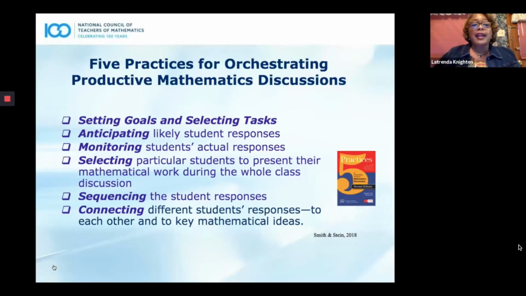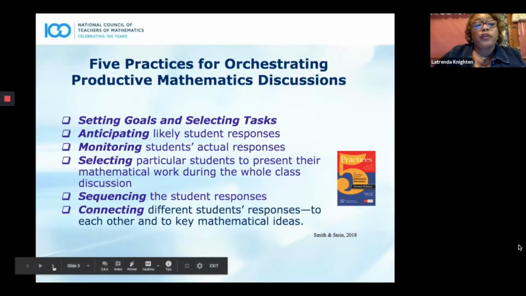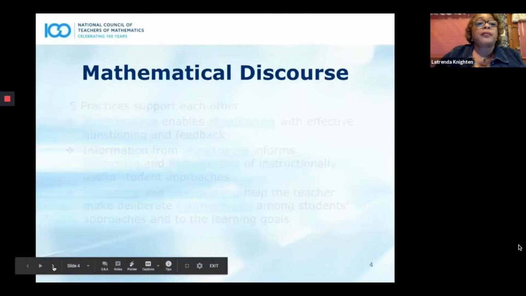But by then, everyone knew 5 practices, so they weren't going to go back, get the books out, put a slash through the 5 and put a 6. So we know that the title of the protocol is 5 practices, but there are actually 6. So setting goals and selecting tasks is what we like to refer to as practice 0.